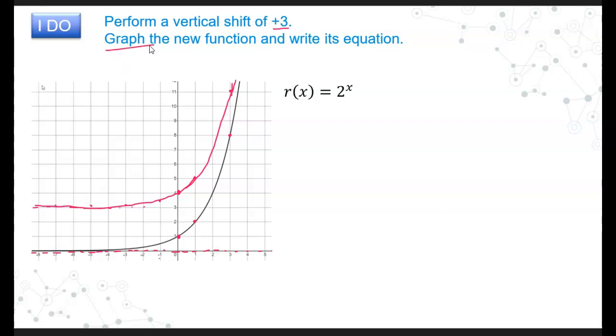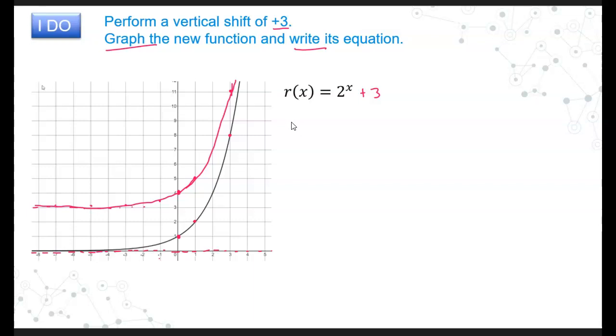So we got the first part, we graphed the new function, now we just need to write its equation. Well, are you ready for this? We moved it 3 up, so we're going to add 3. That's our new function, that's it.